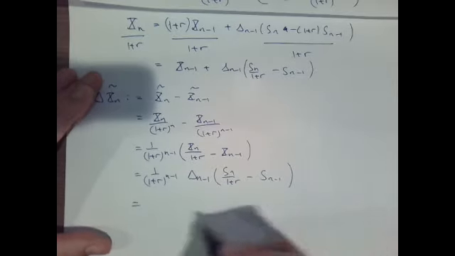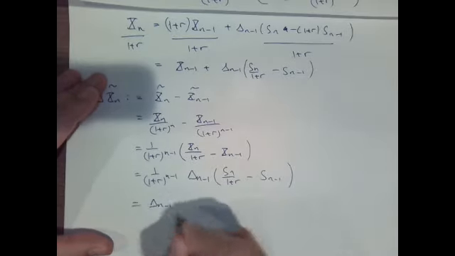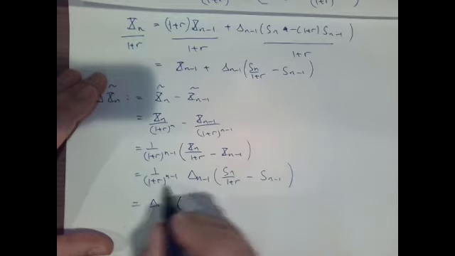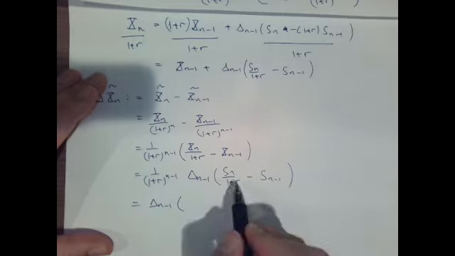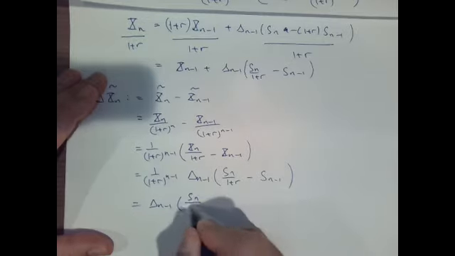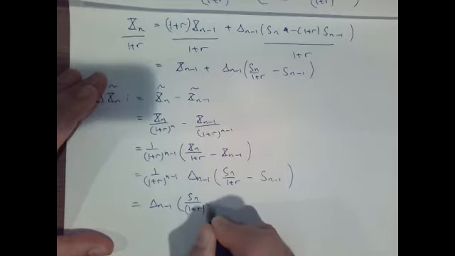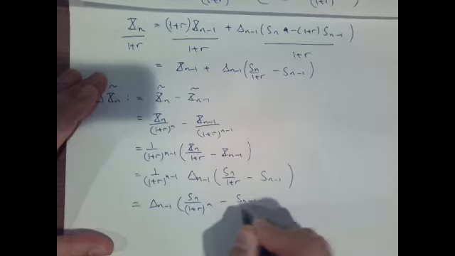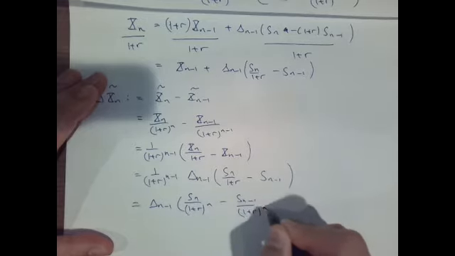Okay, so I'm almost there now. This is going to be delta n minus 1 times, and I move this factor back inside, Sn over 1 plus r to the nth minus Sn minus 1 divided by 1 plus r to the n minus 1.